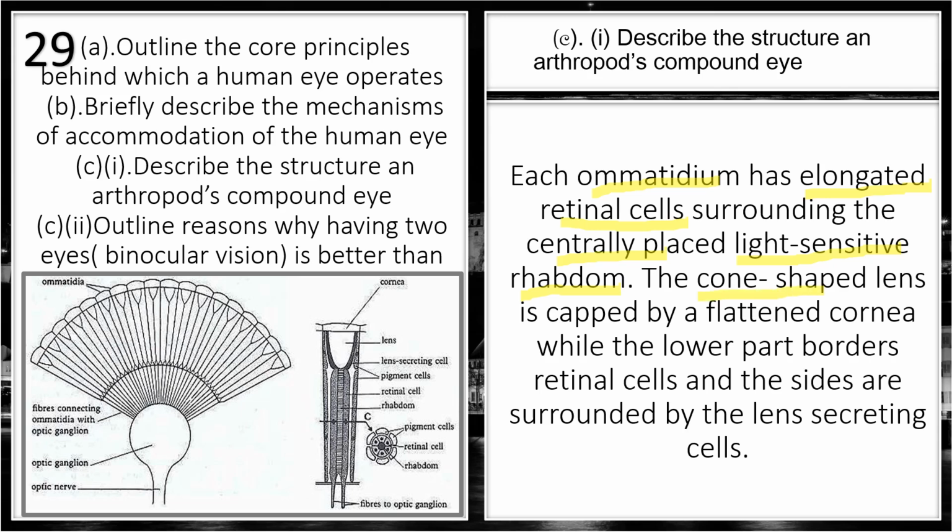The cone-shaped lens is capped by a flattened cornea, while the lower part borders the retinal cell, and the insides are surrounded by the lens-secreting cell. So when you look at the ommatidia here, this is the cornea. The whole of this one is an ommatidium.